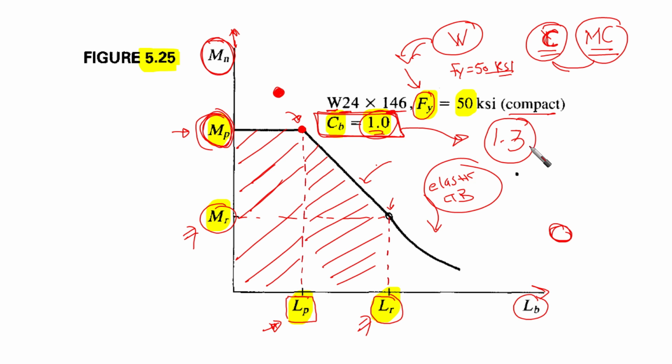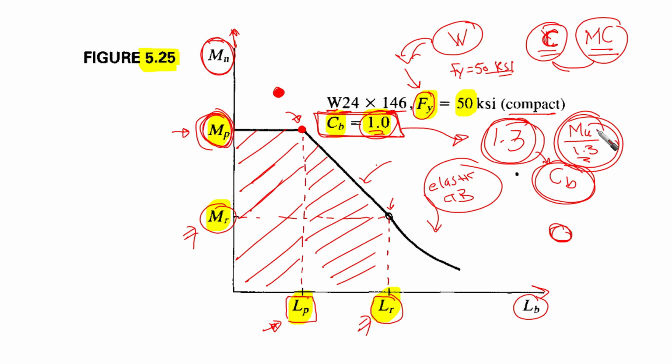In this case, you need to multiply the moment capacity that you obtain from the charts by the real value of CB that you are dealing with. Otherwise, for the required strength, for example M ultimate coming from the load combination, you can divide it by the real CB value, 1.3, and then enter the curve using this value to check whether it is within the capacity or not, as we are going to see in a minute.